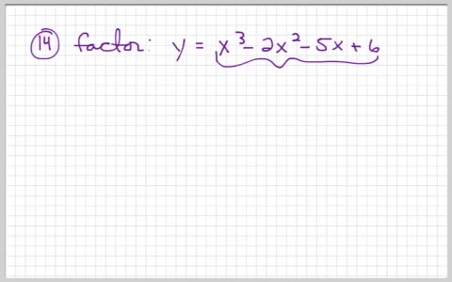Because that thing has 4 terms and it's cubic, I'm not sure how to factor it. However, you can go to your calculator and you can graph that equation. It's x cubed, and again I'll try and show this on my calculator if I've got time, 2x squared minus 5x, and I'm just typing it in now to my calculator, plus 6.